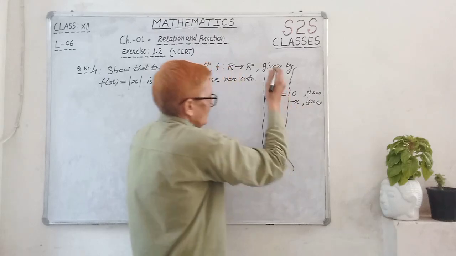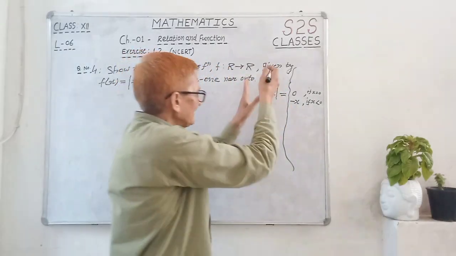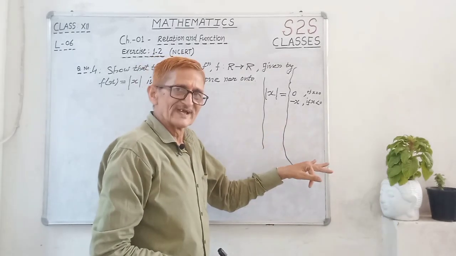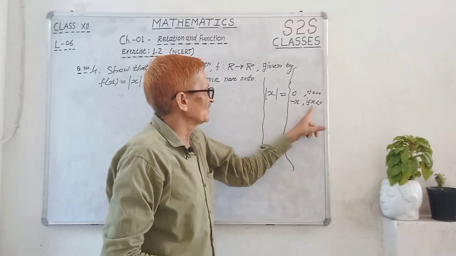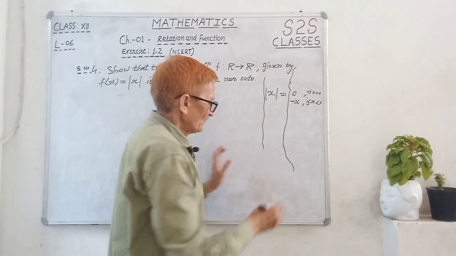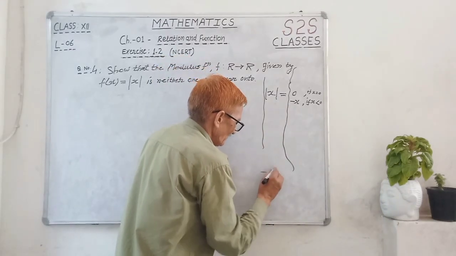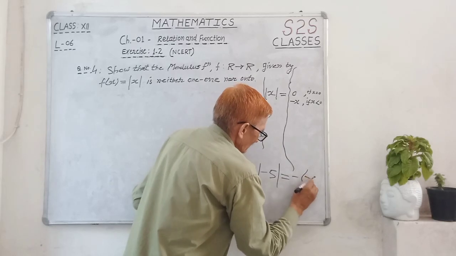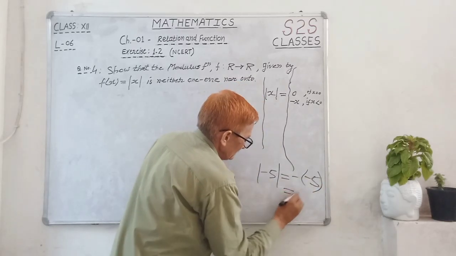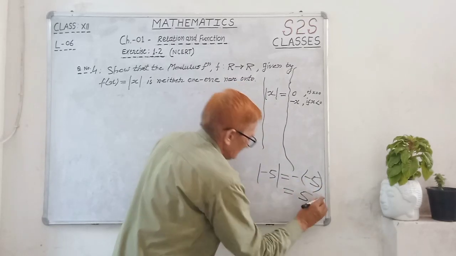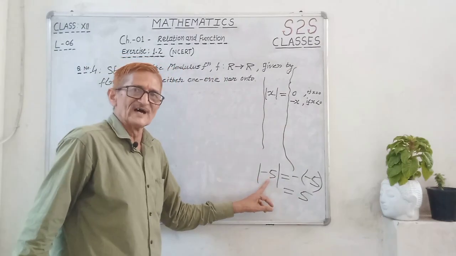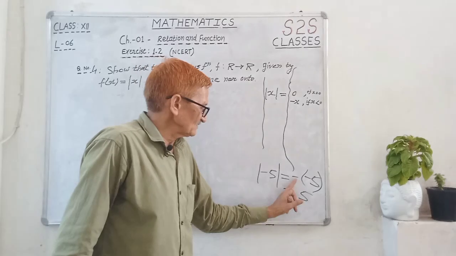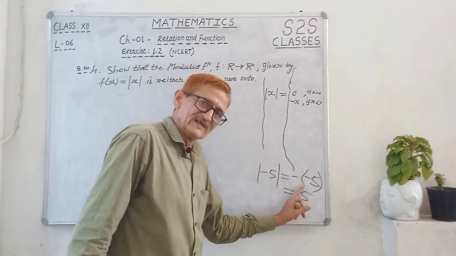The value of the modulus of a negative number is the negative of x, that is, minus x, because x is negative itself. For example, the modulus of -5 is equal to minus multiplied by -5, which is +5. If x is -5, then the modulus of -5 is minus times -5.